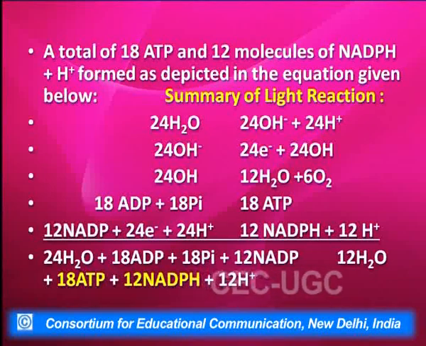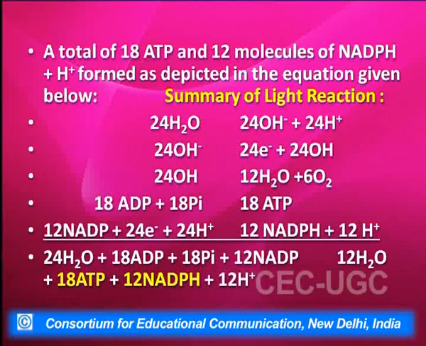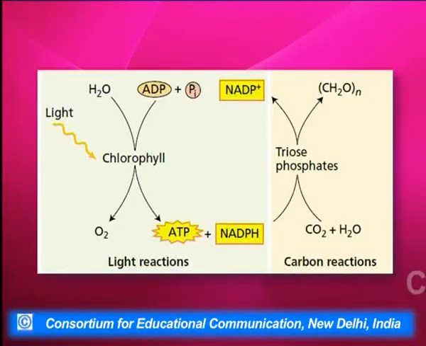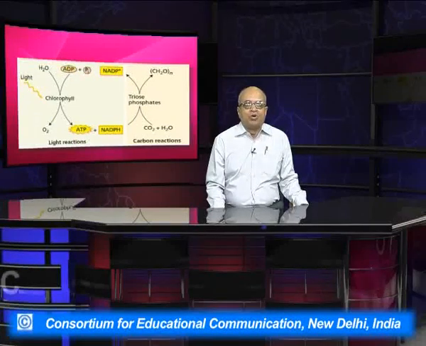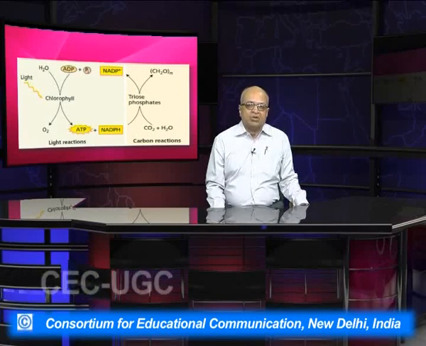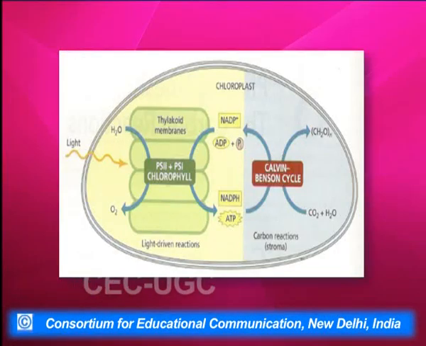You remember, all these ingredients, that is 18 ATP and 12 NADPH, are actually required for the Benson-Calvin cycle, which is the topic for our next discourse, as to how the NADPH and ATP in the form of assimilatory power go to the stroma for running the Benson-Calvin cycle, because without this the dark pickup of carbon dioxide is not possible.